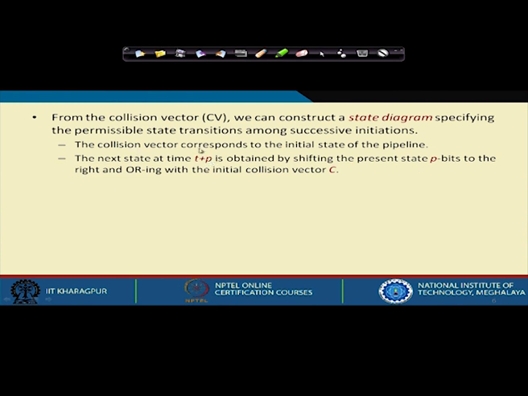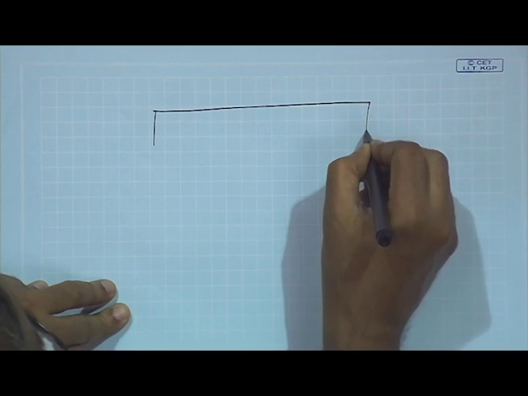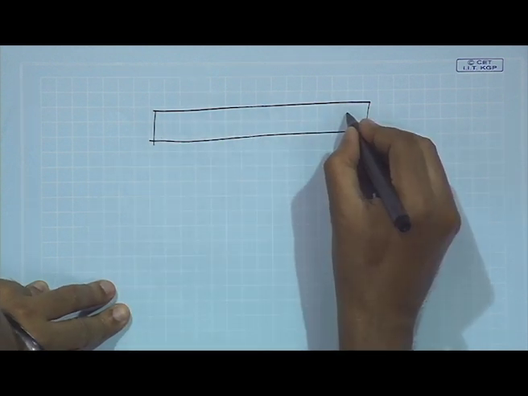Suppose you are currently at time t in this state. If you advance the time by p, what do you do? Whatever is the present state, you shift it right by p positions. What is the meaning? Suppose I am in a present state where my bits are something like this.